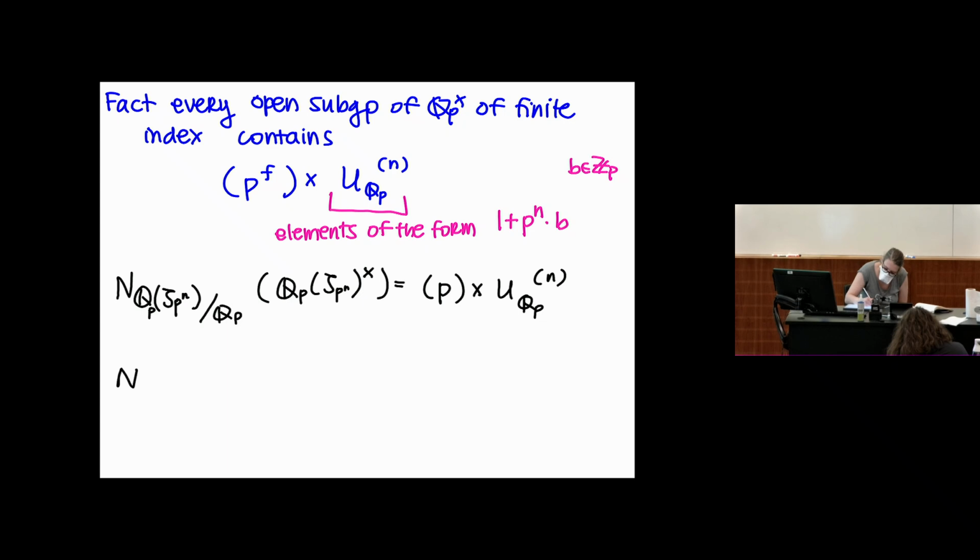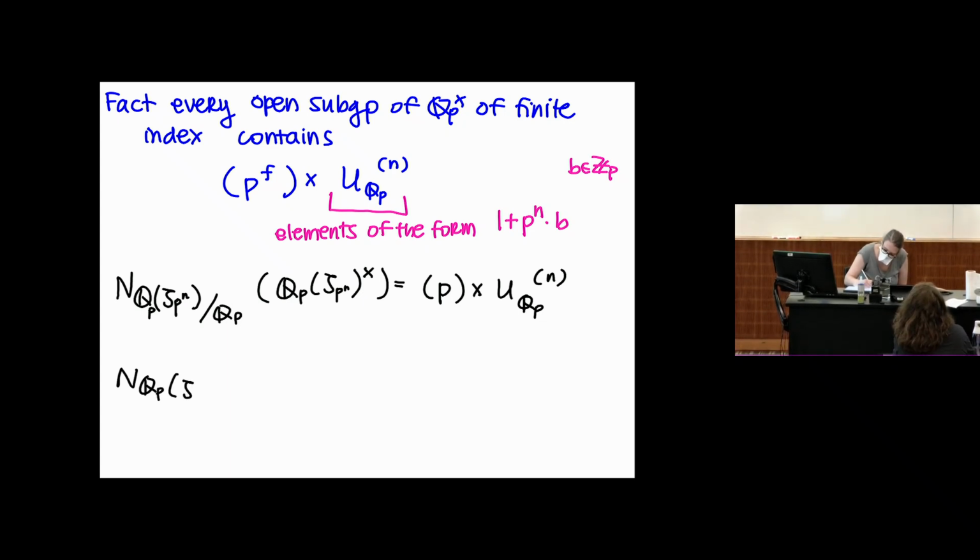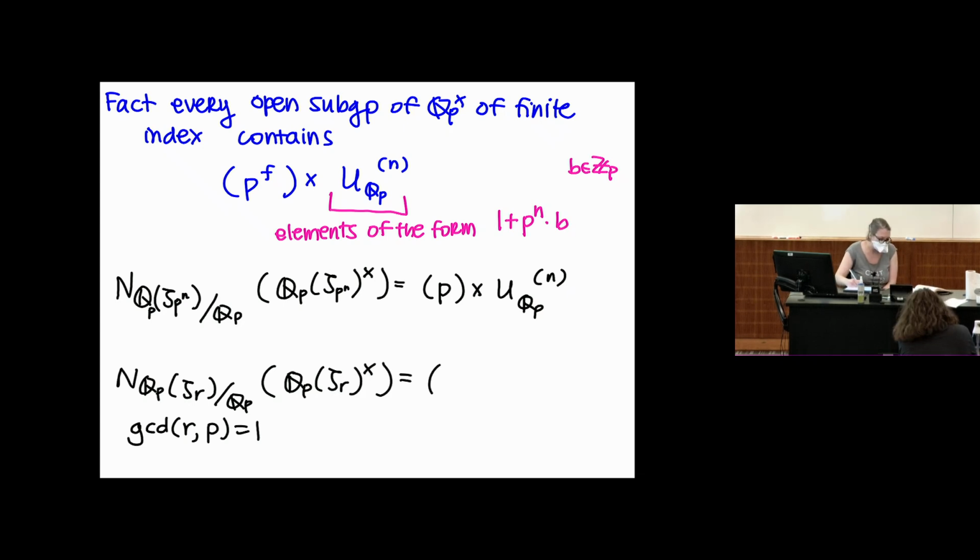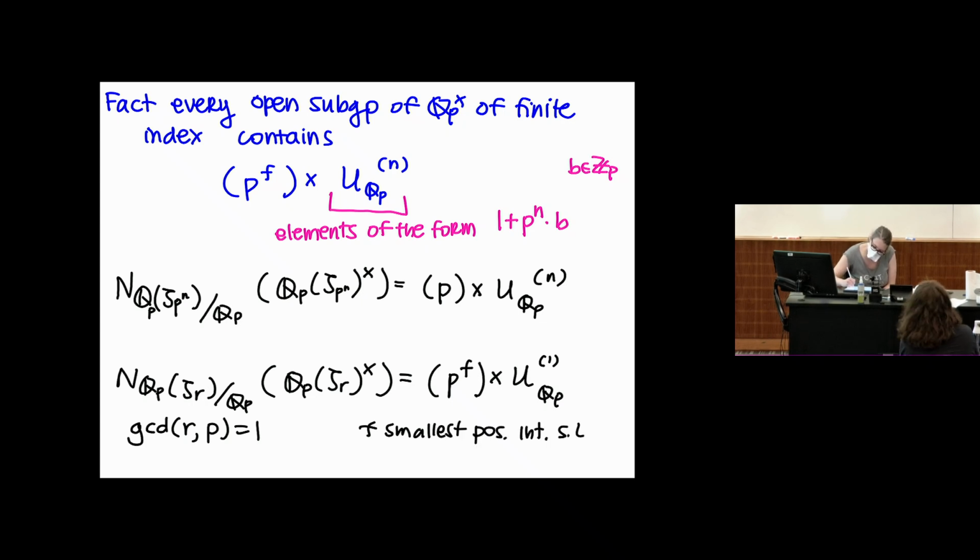And if you take the rth roots of unity, and this time r is relatively prime to p, those are exactly, and I changed my notation, and f is the smallest positive integer such that p to the f is 1 mod r.